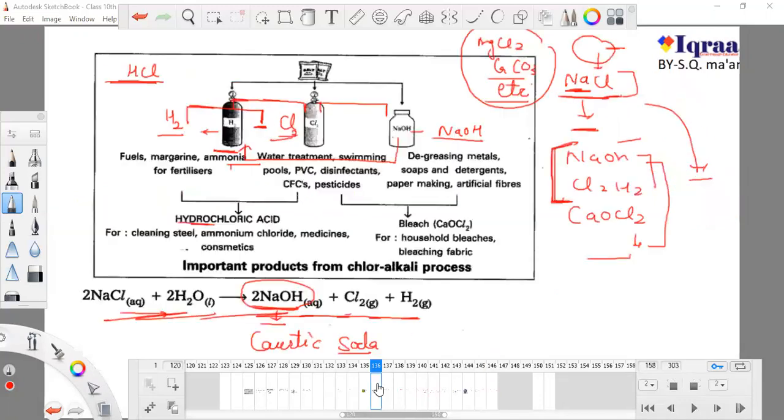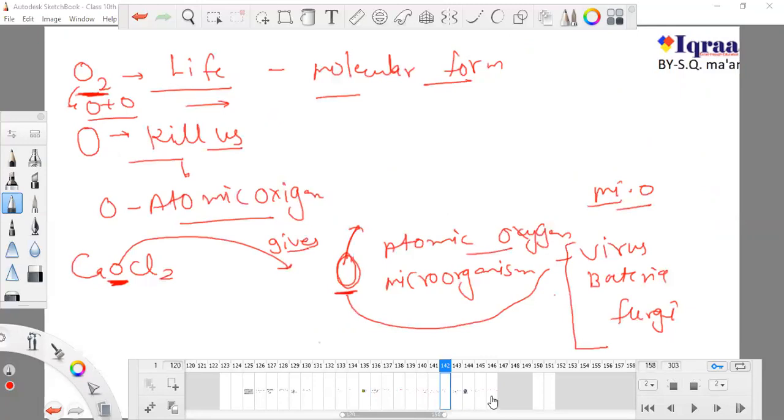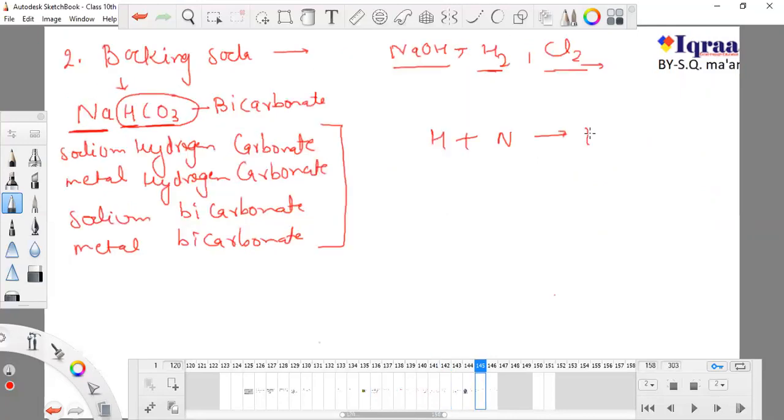We studied yesterday that when we add hydrogen with nitrogen, we can get ammonia. In industries, the source of sodium hydroxide, hydrogen and chlorine is this chloralkali process.